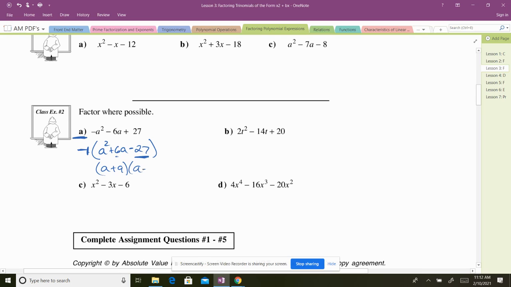A plus 9, a minus 3. But remember, you've got that -1 hanging out in the front there. You have to put it there. All right? If there is a negative, you need to factor out -1, okay? If your leading coefficient is negative.